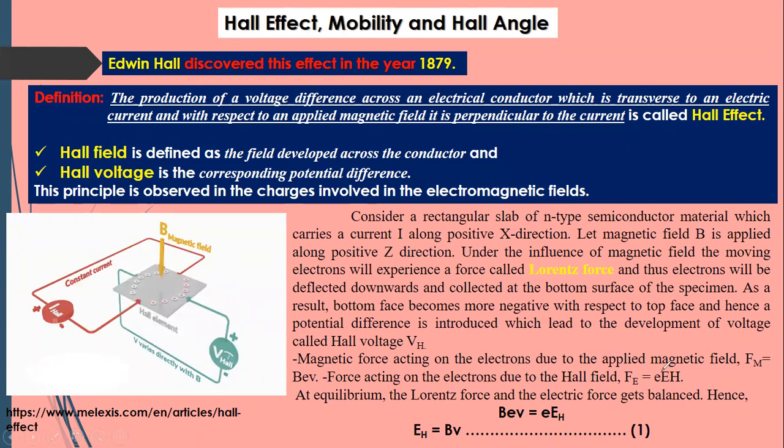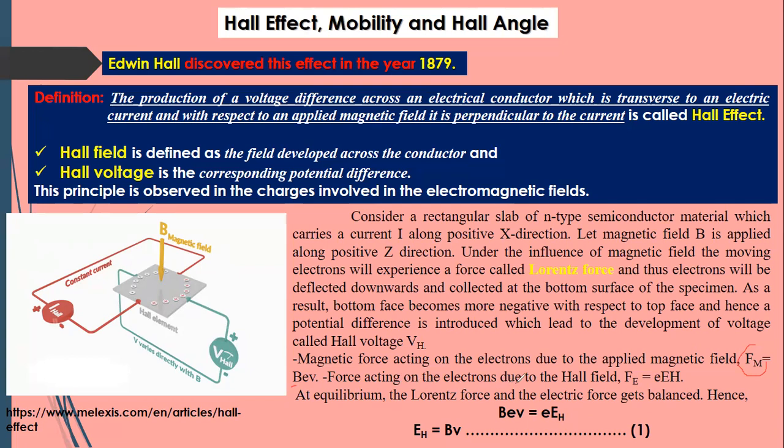The magnetic force acting on the electron due to the applied magnetic field is denoted by F_M, which is equal to B e v, where B is the magnetic induction, e is the electron charge, and v is the velocity.